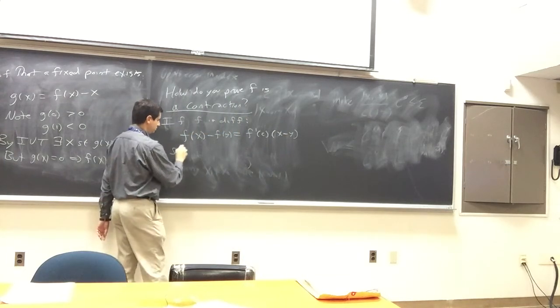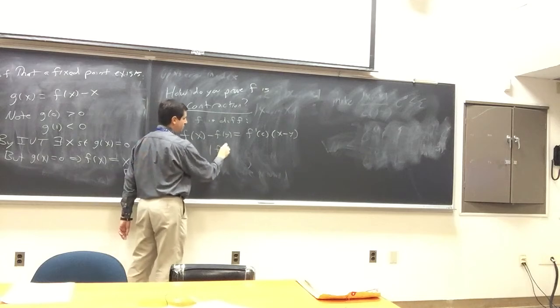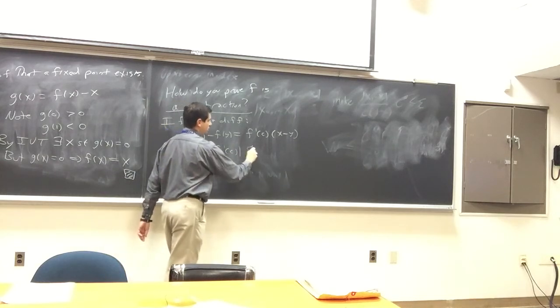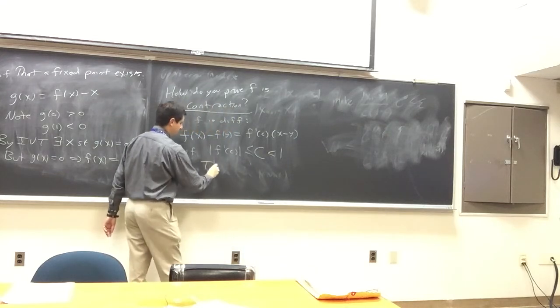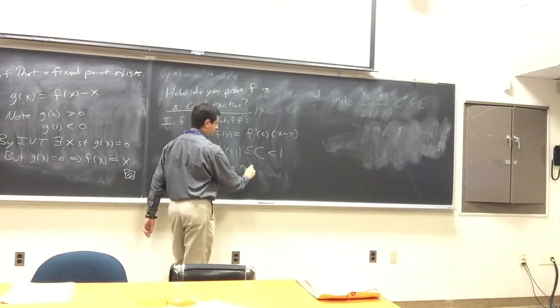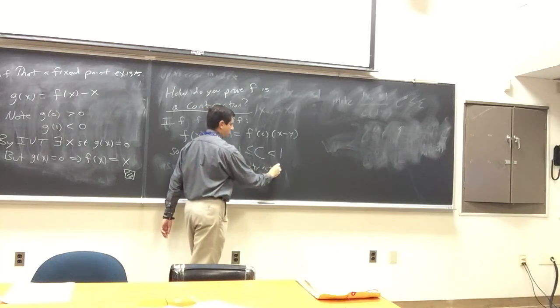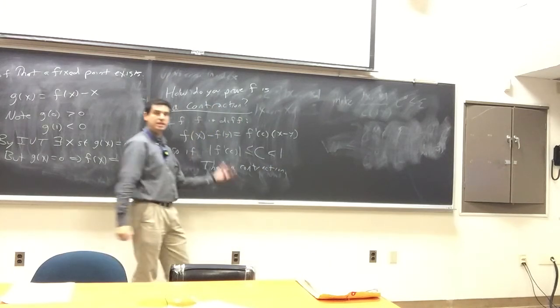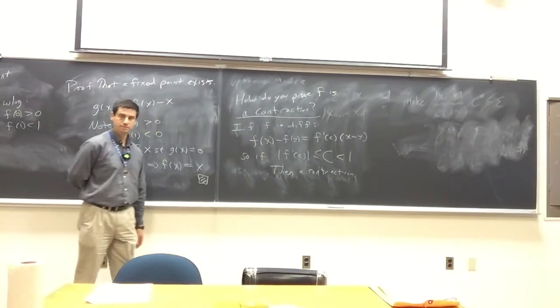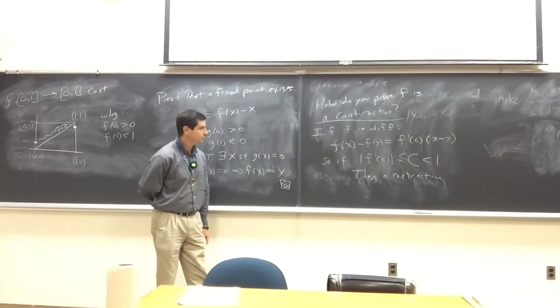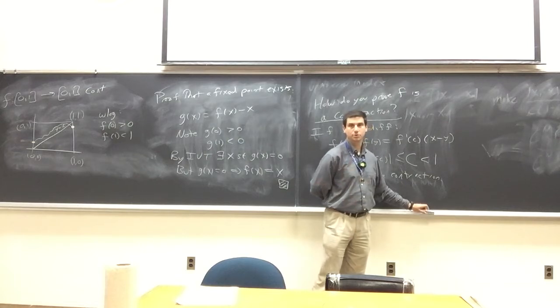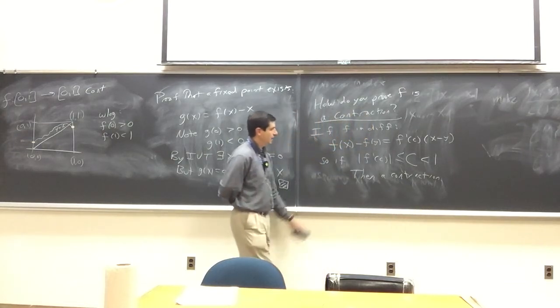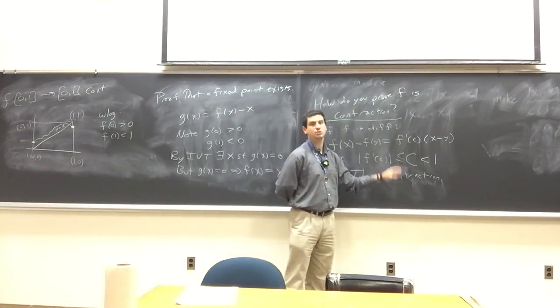So if the absolute value of f'(c) is less than or equal to some constant c, which is strictly less than 1, then it's a contraction. So this is an easy way to see if we have a contraction: if the function is differentiable and the first derivative is strictly bounded below 1 for all inputs. And c is just some point between x and y.